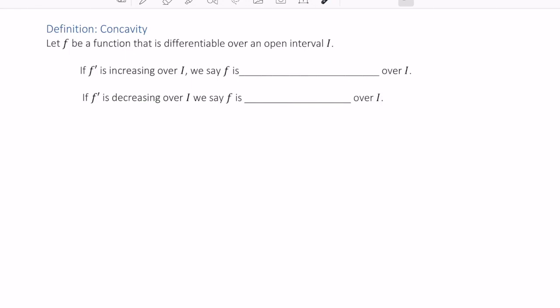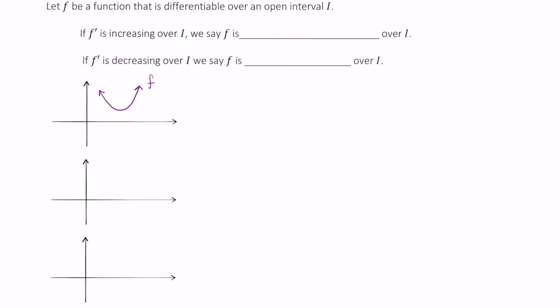Now, before I fill in these blanks, let's sketch some pictures. There in purple, I've sketched f with a vertex at this point, and I'm just going to call that point x. Now, the tangent line here is negative.